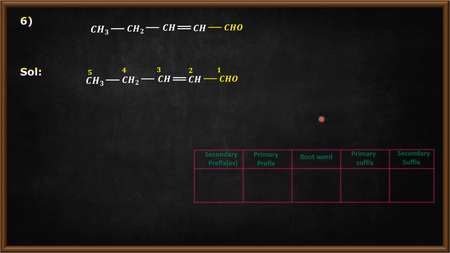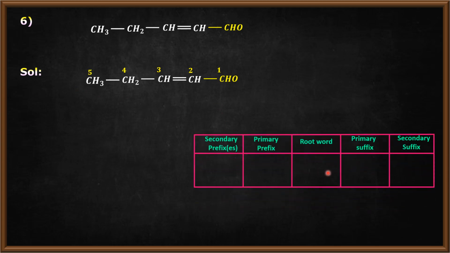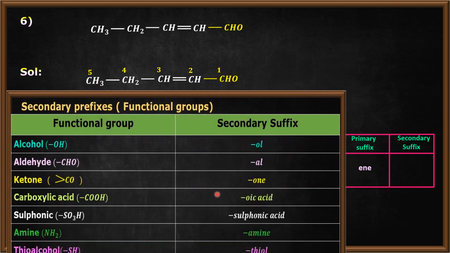And the root word is pent because it contains 5 carbon atoms. The primary suffix is en. Why? Because there is a double bond in this chain. For the secondary suffix, CHO means aldehyde, so the secondary suffix for the aldehyde functional group is al.